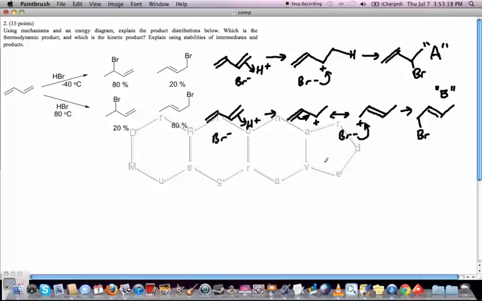Alright, so what I'm going to do is use an energy diagram that describes the thermodynamics and kinetics of this process.